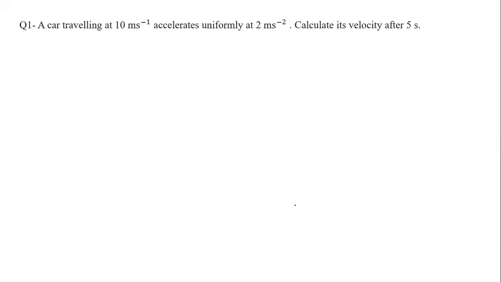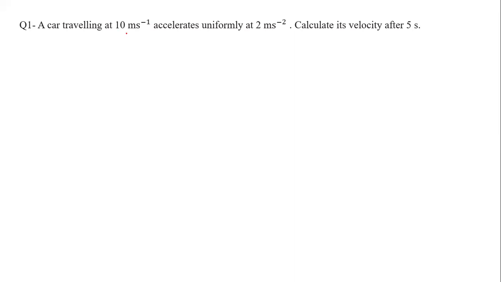Now, there is a question in front of you. A car traveling at 10 ms^-1 accelerates uniformly at 2 ms^-2. Calculate its velocity after 5 seconds. In this question, they are talking about a car traveling at 10 ms^-1.